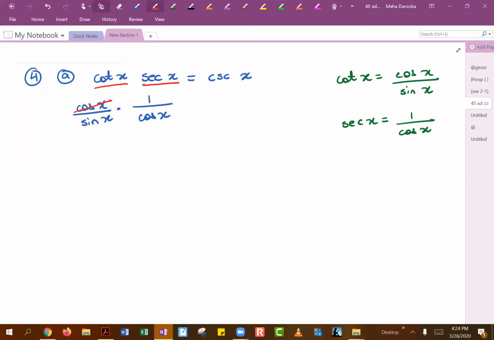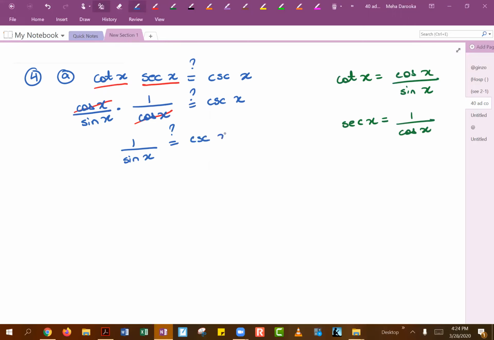And of course, your cosine on the numerator, cosine on the denominator will cancel each other out. And again, we're not sure if these are equal to each other, so let's put that question mark. Okay, so on the left-hand side, once we cancel out our cosine functions, you are left with 1 over sine of x.